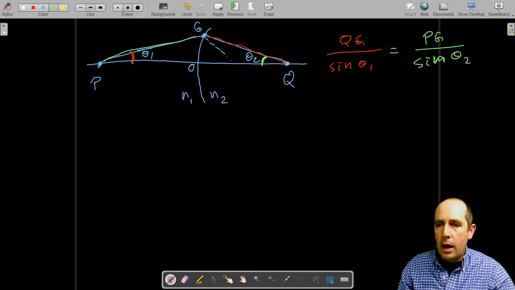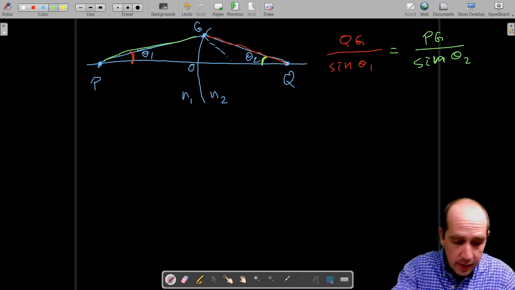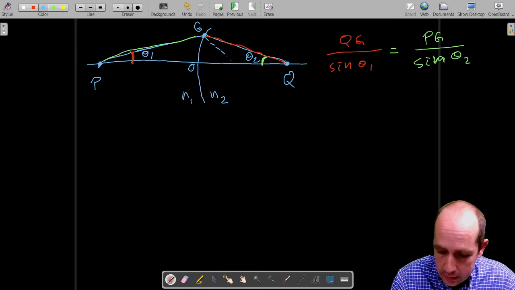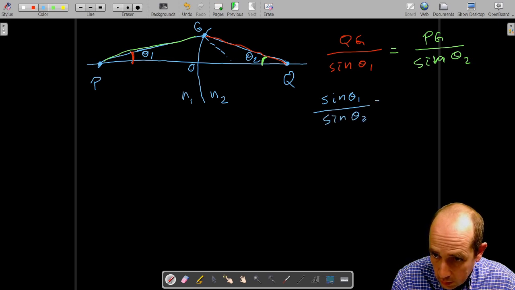Again, same thing, sine theta 1 divided by sine theta 2 will be equal to QG divided by PG.